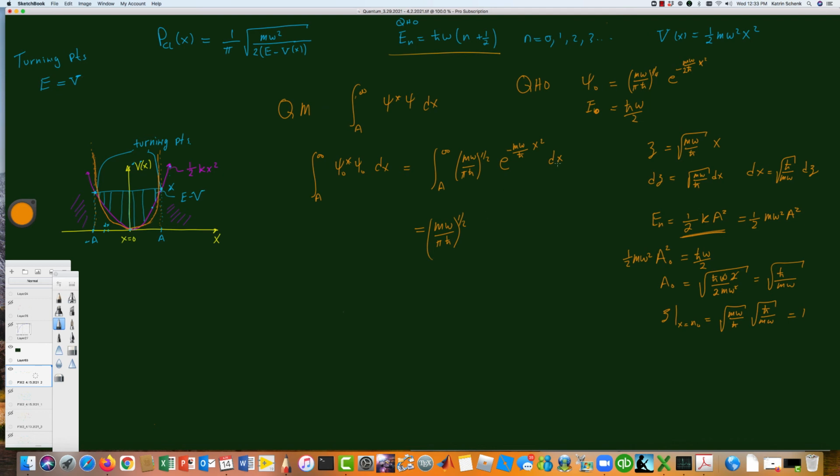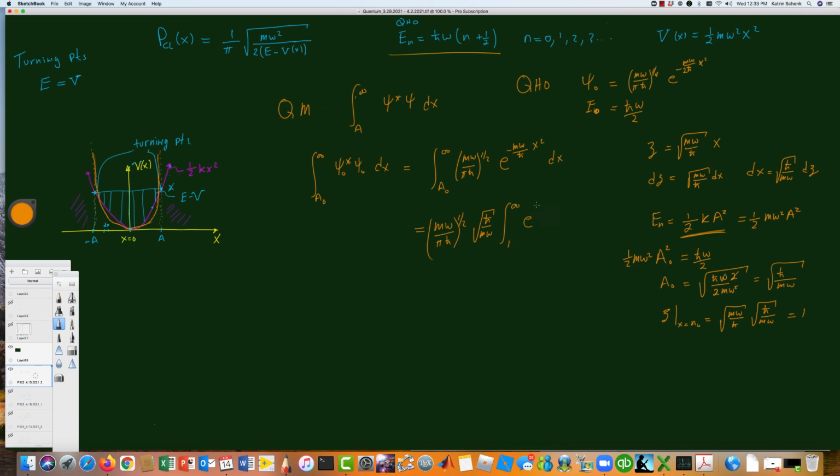So we're going to put that in here, right? We have the square root of h bar over m omega, and then the integral with A0. I put the A0 there; I should have put that on there. There we go. So A0 for C is 1 to infinity.